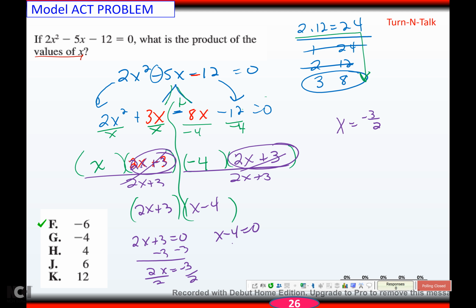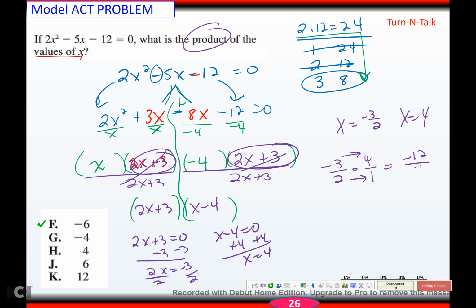X minus 4 equals 0, add 4, x equals 4, and they want the product of these two, so I have negative 3 over 2 times 4 over 1. Straight across the top is negative 12, divided by positive 2 is negative 6.